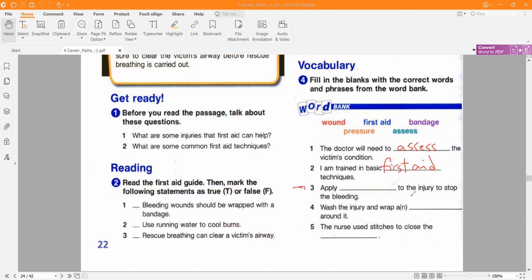Number three, apply pressure to the injury to stop the bleeding. Wash the injury and wrap a bandage around it. The nurse used stitches to close the wound. So these are, again, another list of some important vocabulary.